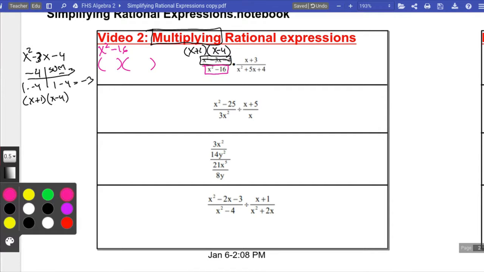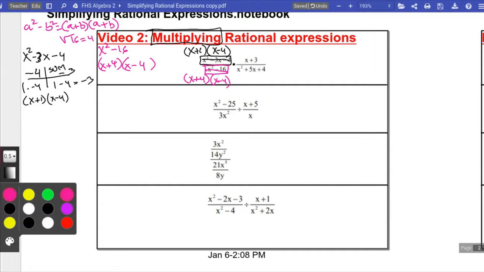Do you remember the difference of squares? The A's would be the x and the x, with different signs on both. To find the B, you just take the square root of 16, which is 4. So 4 and 4. Got it. Put that in. So we have x plus 4, x minus 4.